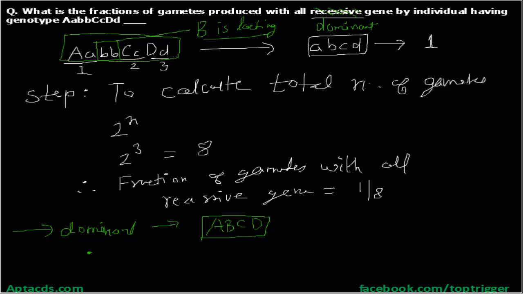Therefore, the fraction for dominant gene will be 0.